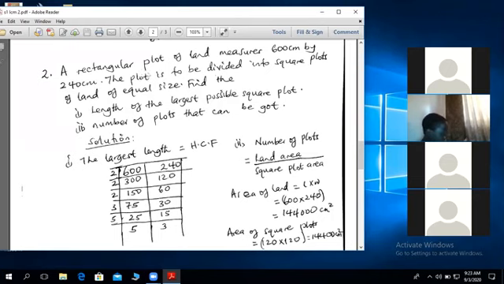Now, the plot is to be divided into square plots of land of equal size. You have a rectangular plot of land, but you want to divide it into square plots of land.